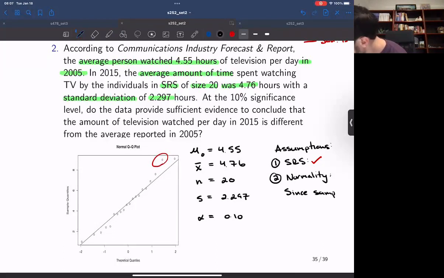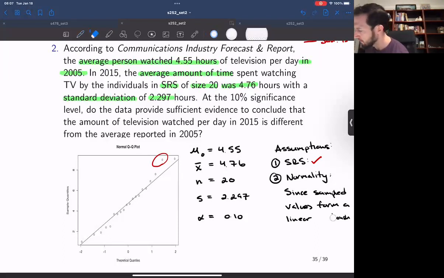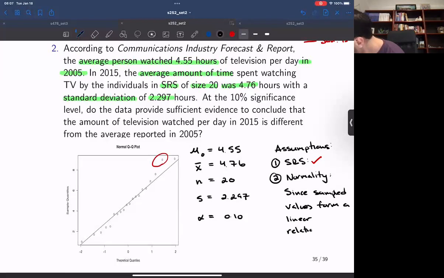since sampled values form a linear relationship with normal quantiles, we have evidence of normality.